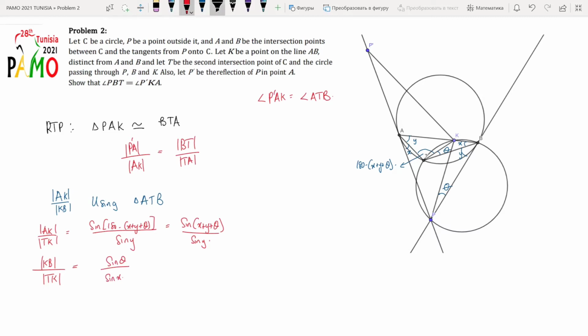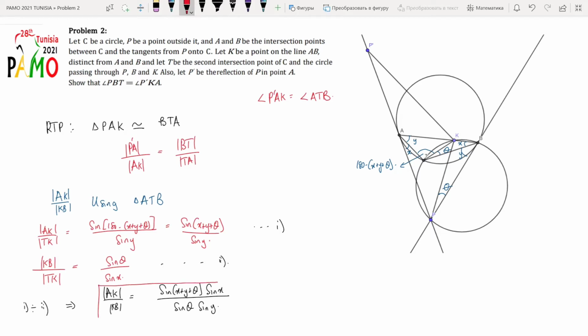So we have these two ratios now. When we divide the first one by the second one, we can call this equation 1, and this equation 2. So when we divide equation 1 by 2, we're going to get AK over KB equals sine(X plus Y plus theta) sine X over sine theta sine Y. This is the first important ratio here.